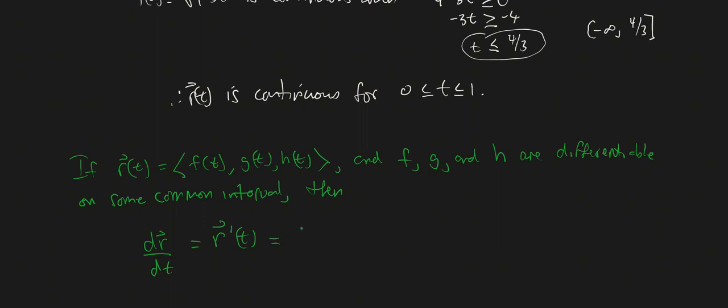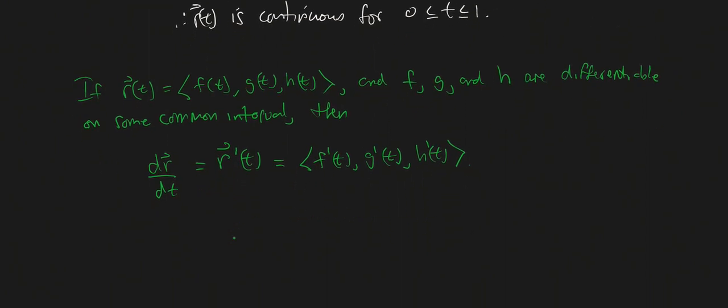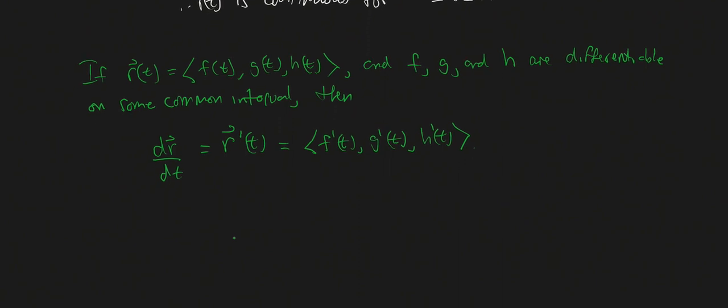But the nice thing is, again, as long as each component is differentiable, to compute the actual derivative of the vector function, we take the derivative of each component, right? I mean, if you love derivatives, then you're going to love differentiating vector functions, because it's either 2 or 3 derivatives in one problem, right? So again, the derivative is evaluated component-wise.